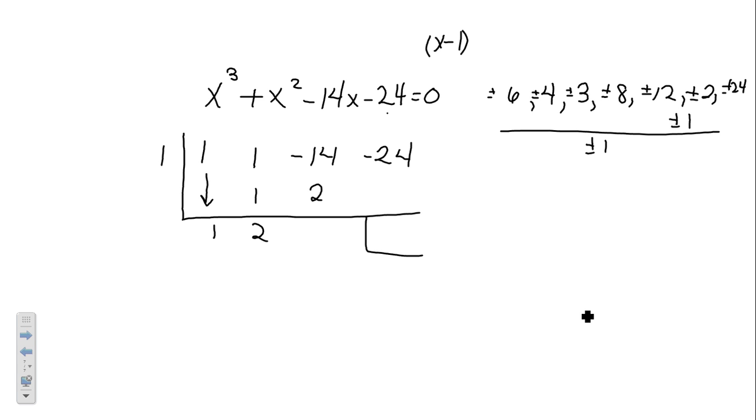So 2, negative 12, negative 12, negative 36. Didn't work. What should we try next? We're close. Would have been nice if this was a positive 12, right?